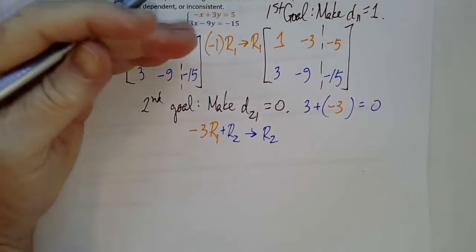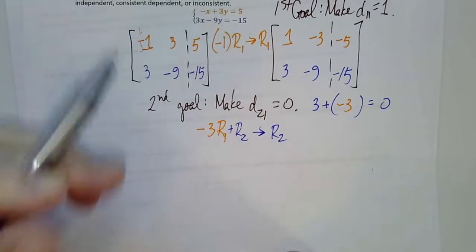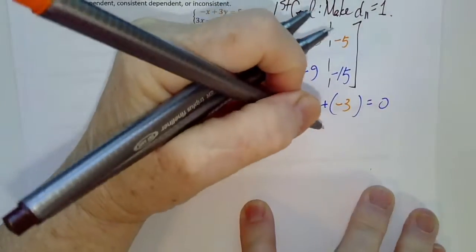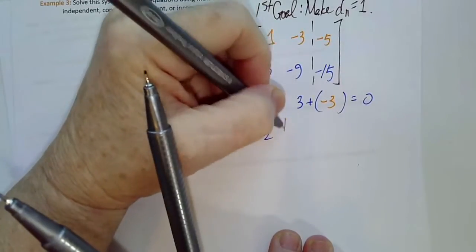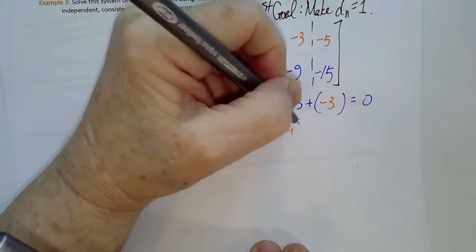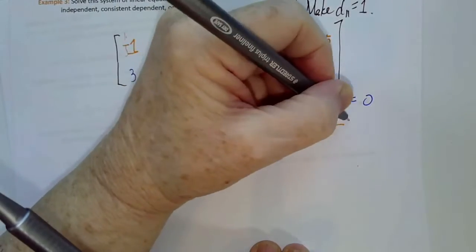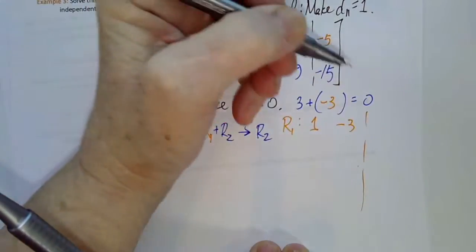Alrighty, so let's see. Row 1 is currently 1, negative 3, negative 5.